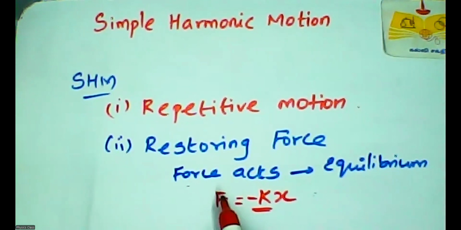Here the minus means the force is proportional to X and in the opposite direction, so only then can we write the minus here. K is the spring constant or force constant. F is the restoring force, X is the displacement from the equilibrium position. Right. So I will show you one file.